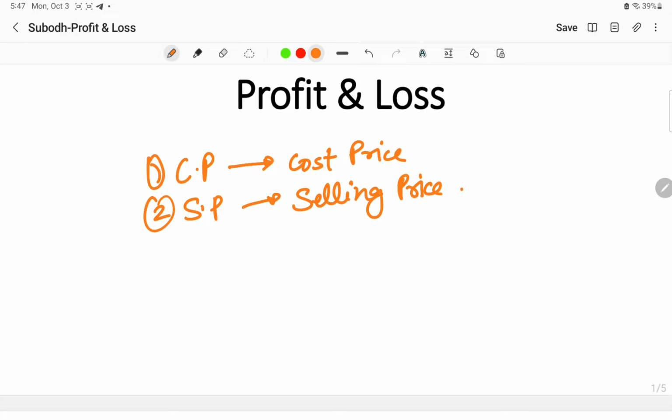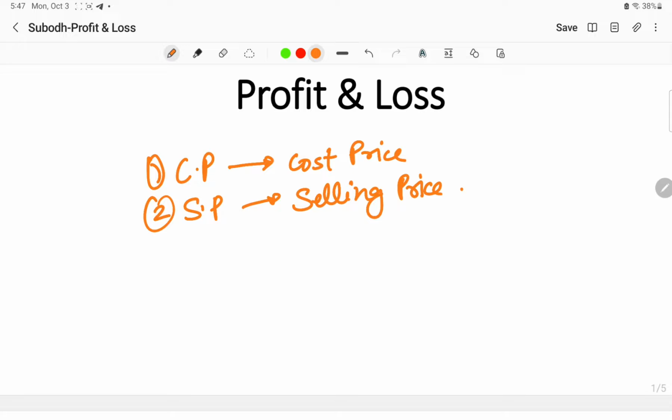Cost price is the price that you pay while buying any object, and selling price is the price that you get after selling an object. Suppose you are selling apples for 10 rupees, that is your selling price, and if you are buying apples for 10 rupees, that is your cost price.